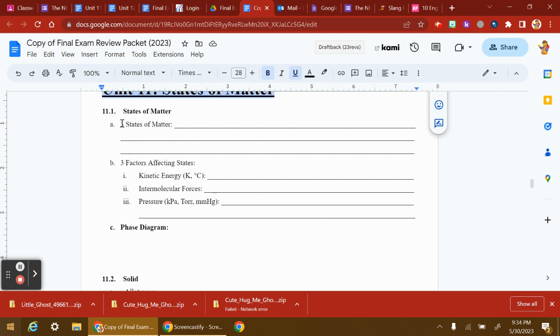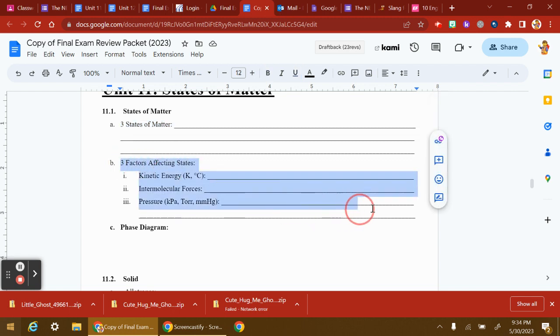All right. So, first of all, we talked about the three states of matter: solid, liquid, and gas, and how they are defined and differ from each other. We also talked about the three factors that affect what state of matter a substance is in. Why are some things solids, other things are liquids, and other things still are gases?